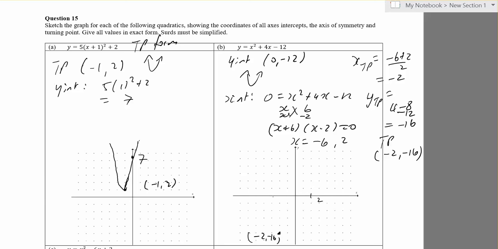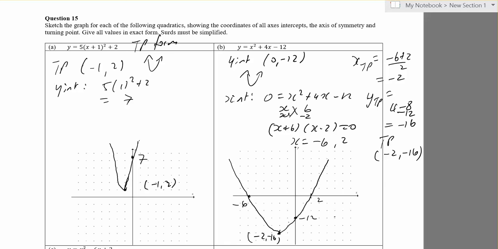So 1, 2, 3, 4, 5, 6. 2, -6. Okay, that makes sense. So we've got a graph that looks something like this. Okay, again, try to be as symmetrical as possible. This would be 0, this would be your -12. Okay, and make sure you label everything. Okay, -6. I've labeled everything, and this is pretty accurate.